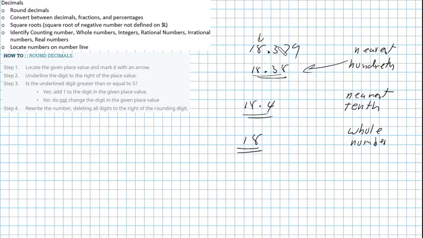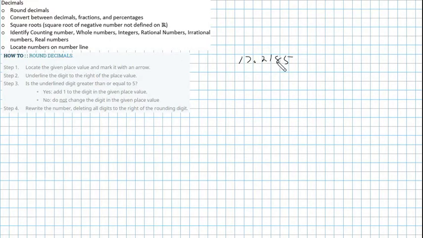So if the number to the right of where you're focused is 5 or more, then you increase the number that you're focusing on by 1. In this case, we have this number, and let's suppose we want to round off this number to the nearest thousandth. So let me write that here.